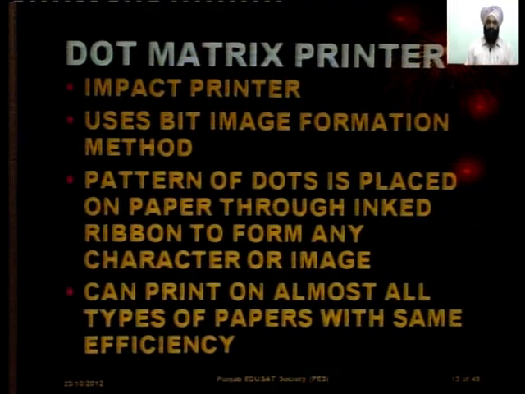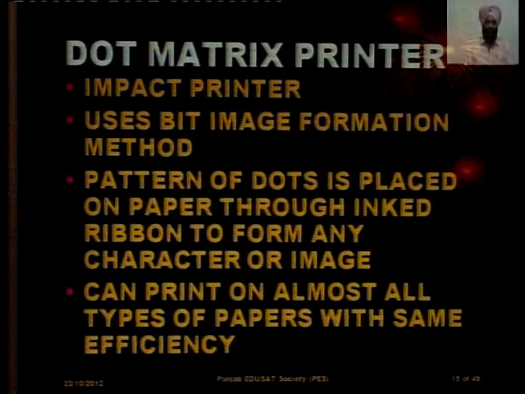Now we will discuss the basic printer used in early times, that is the dot matrix printer. The dot matrix printer, as we have already discussed, is an impact printer and it uses the bit image formation method.